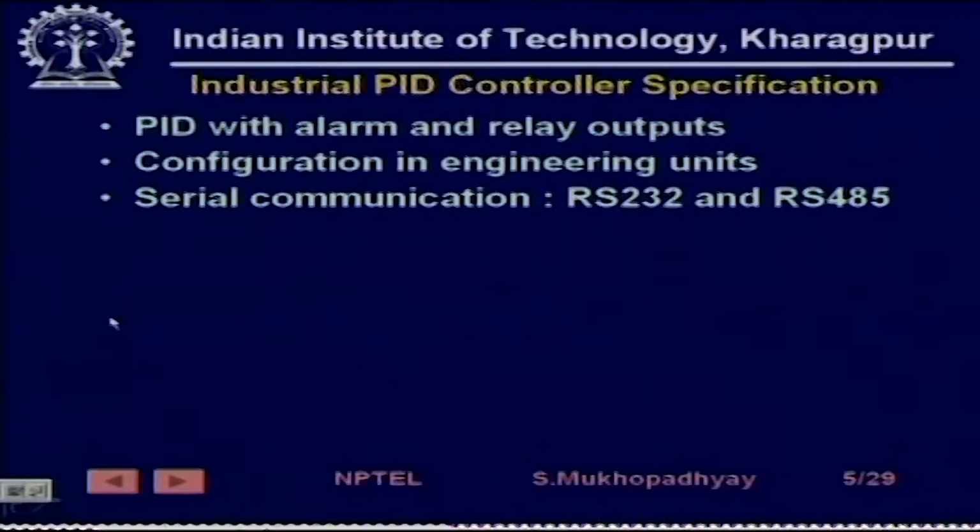Configuration in engineering units is very important, because generally the process control engineers are not electronics people, neither are they always experienced control engineers. They are generally plant engineers. So, they understand things in the domain of the process. So, it is important to be able to understand gains, times, outputs and inputs in terms of the engineering units of the process.